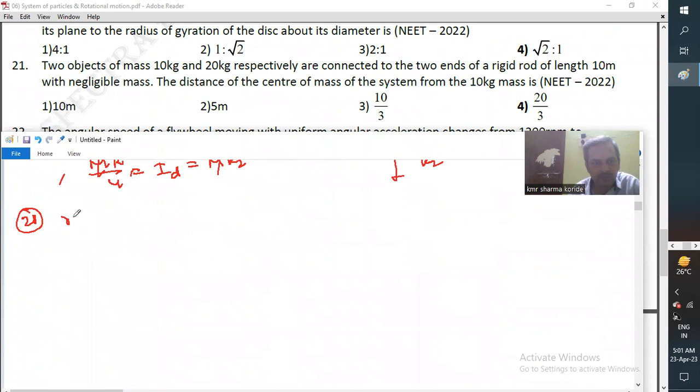M2 is 20 kg, d is 10 meters, divided by 10 plus 20, which is 30. The zeros cancel, so the answer is 25 meters.